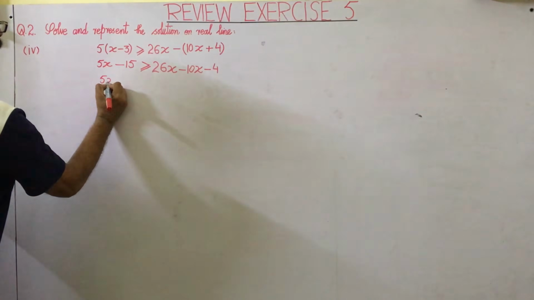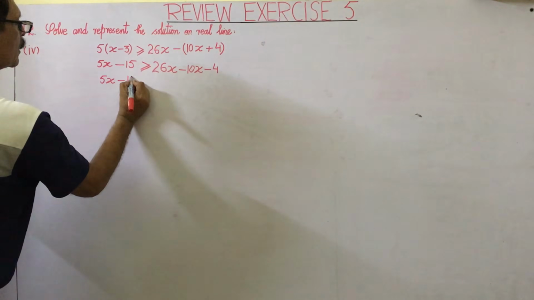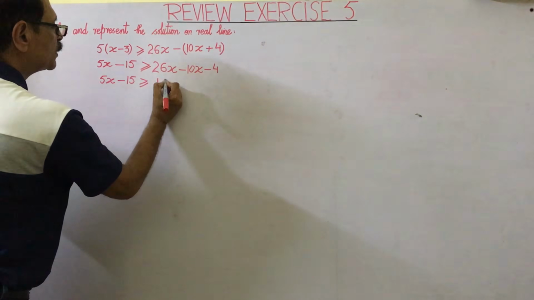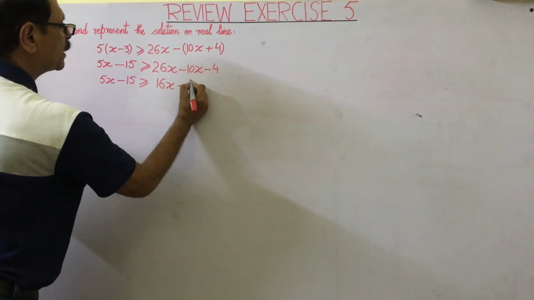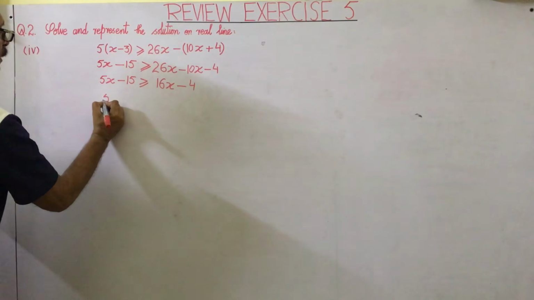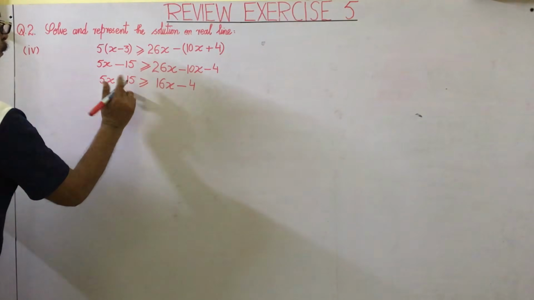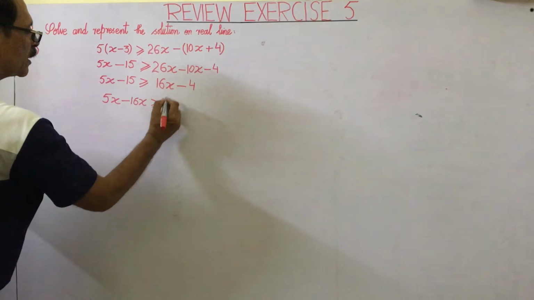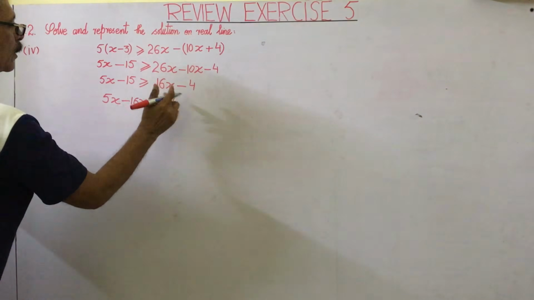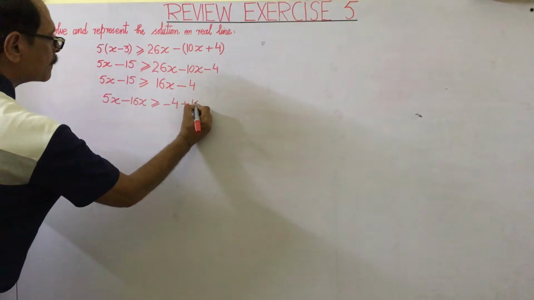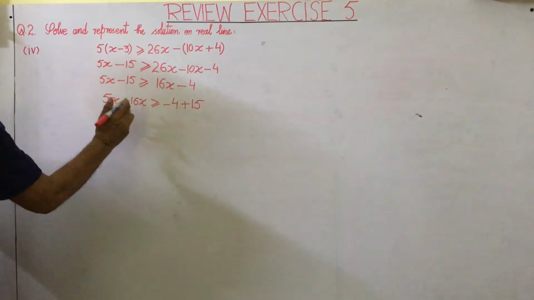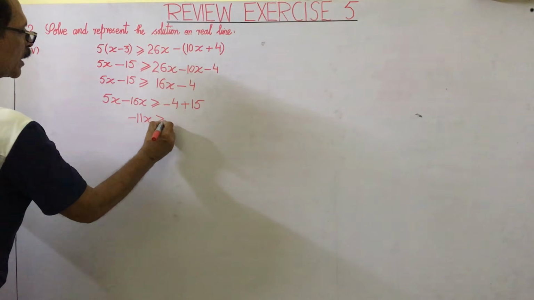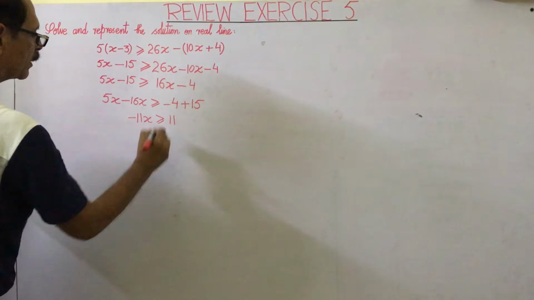5x - 15 is greater than or equal to 26x - 10x, which is 16x - 4. 5x - 16x is greater than or equal to -4 + 15. 5x - 16x is -11x, which is greater than or equal to 11.